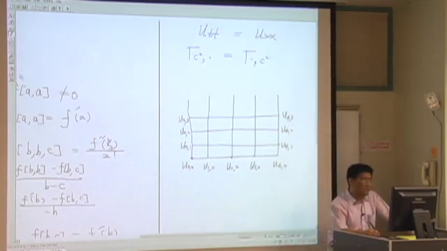So let's name these unknowns using different colors. We call this U11, U21, U31, U12, U13, U22, U32, rename this.